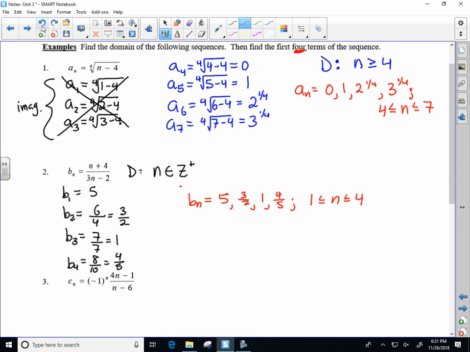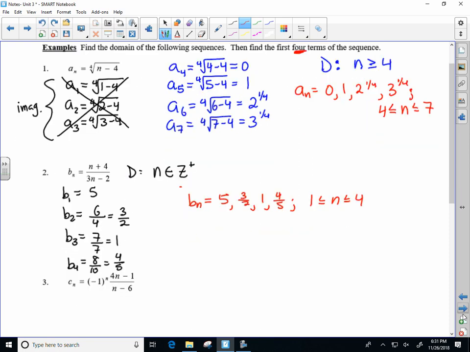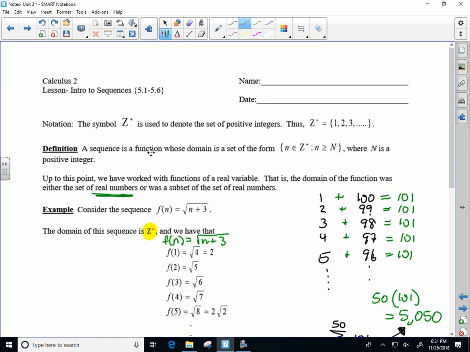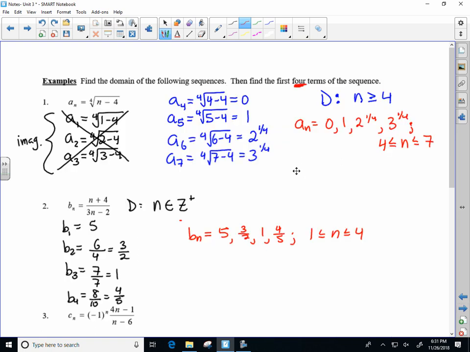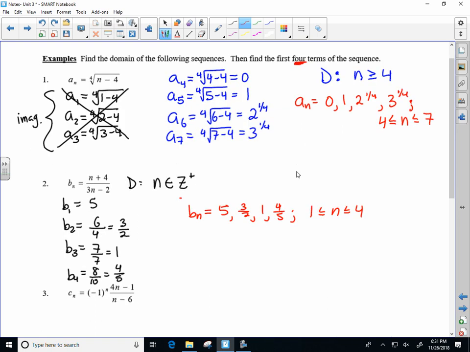I shouldn't box it. This is just as good as the other way. Because of this, all of this is related to that. That's the main idea that we're building off of.